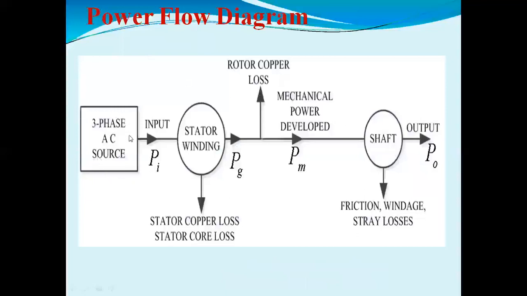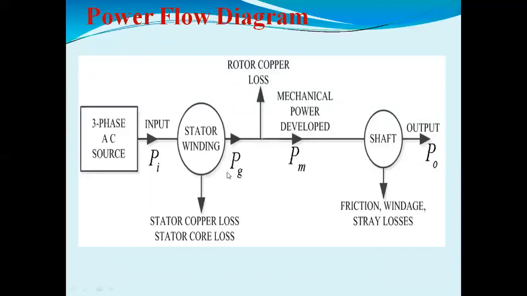A three-phase AC source is where the input power is given from. When input power is given to the stator winding, the stator has some stator copper loss and stator core loss. After subtracting the stator core loss and stator copper loss from the input power, we get PG, the air gap power.